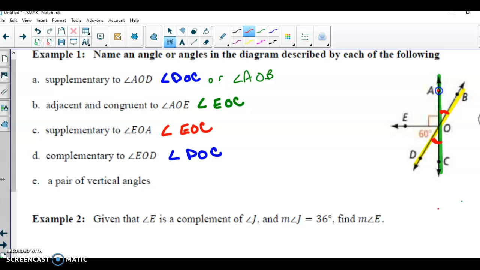So this one up here is angle AOB. And which angle is across from it? DOC, this angle down here. Now, that is not the only correct answer for that.